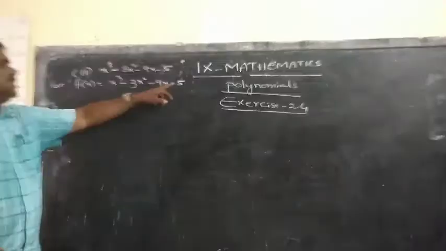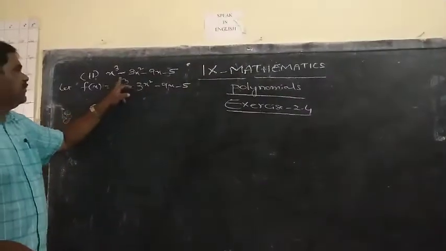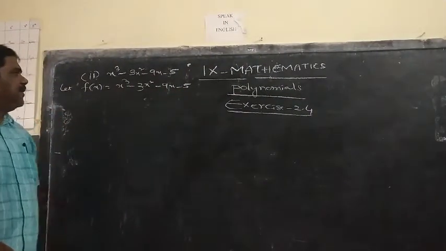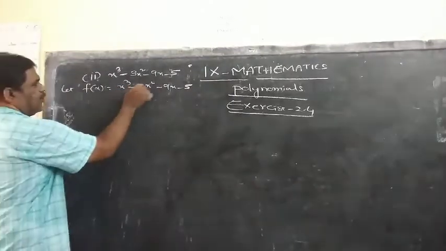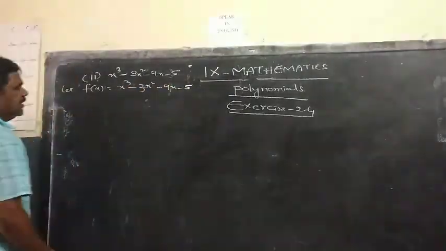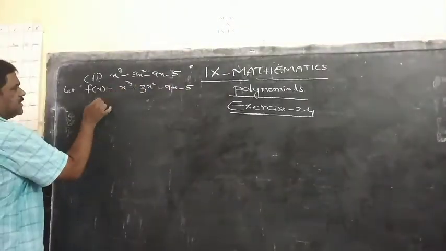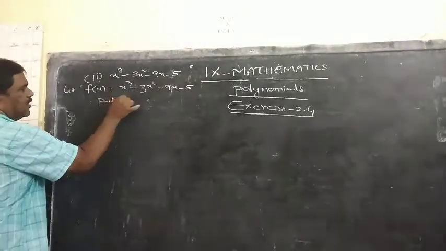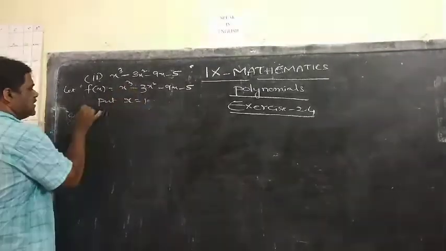Here the highest power of x is 3, therefore this polynomial has 3 factors. One factor we have to find by the trial and error method. In the trial and error method, first we will try with x is equal to 1. So put x is equal to 1 first.